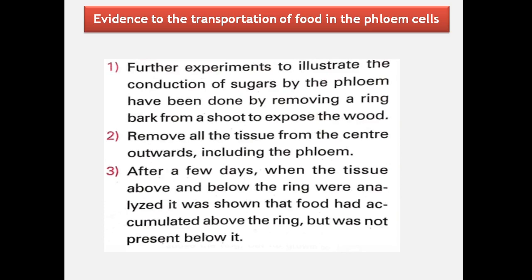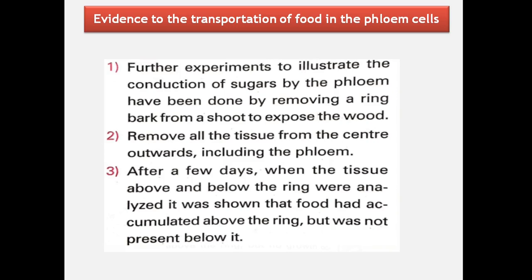We have another experiment which illustrates the conduction of sugars by phloem. Select a plant and remove the bark from the shoot to expose the wood. Remove all the tissues from the center outwards, including phloem.